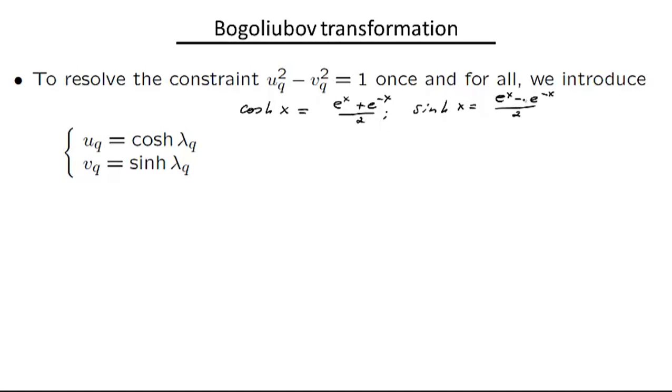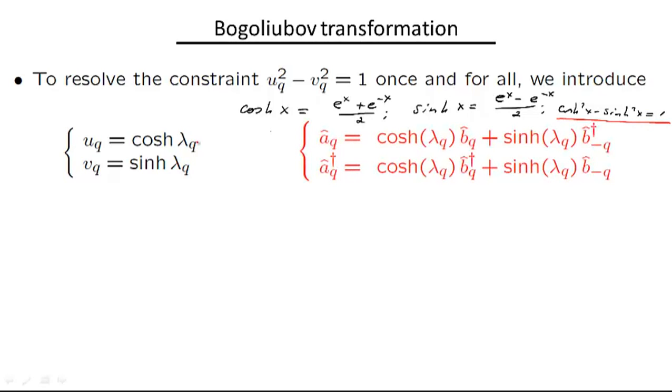So this is, in some sense, a real version of the sine and cosine, in which case I would have had the imaginary constant i here. But in any case, these guys satisfy the following identity, which is an analog of the identity that most of you know, that sine squared plus cosine squared is equal to 1. So here for the hyperbolic functions, I have the hyperbolic cosine squared minus hyperbolic sine squared is equal to 1. And this is exactly the identity that I want for my u and v.